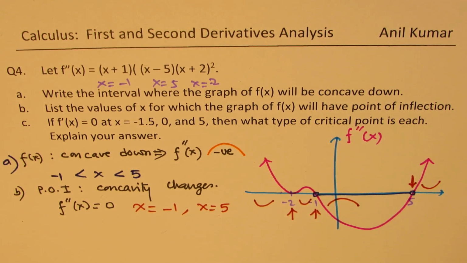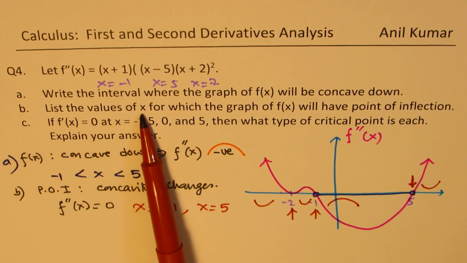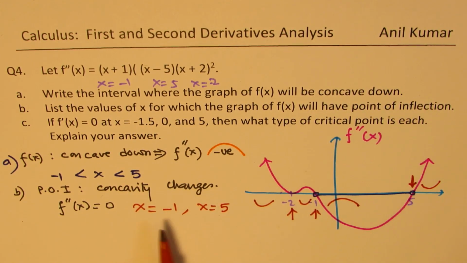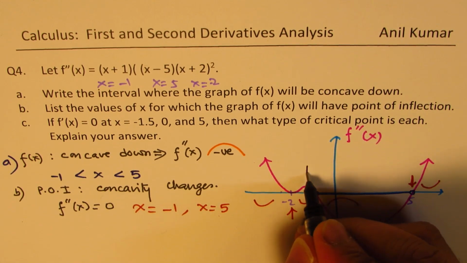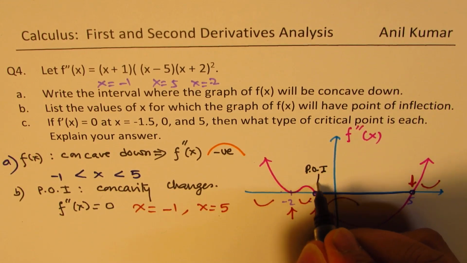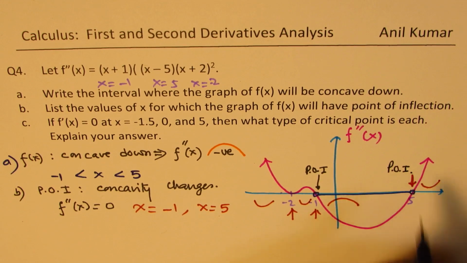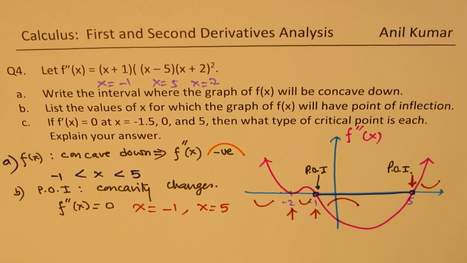Do you understand? So list the values of x for which the graph of f of x will have a point of inflection. These are the 2 values where we'll have a point of inflection. So we can write these 2 points as points of inflection. This is the first point and that is the other point, since the concavity changes.